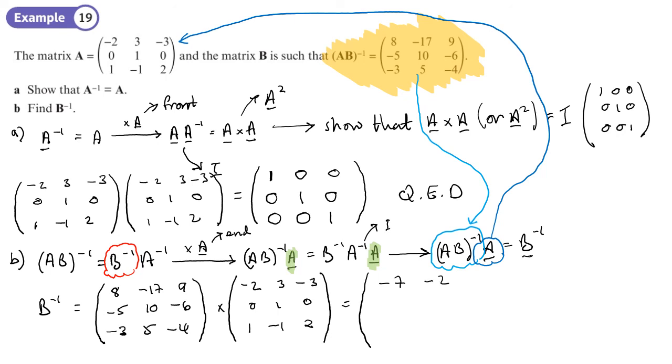Moving on to the third column and the top row, that's going to give us negative 24, nothing from those two. So negative 24 plus 18 will give me negative 6.